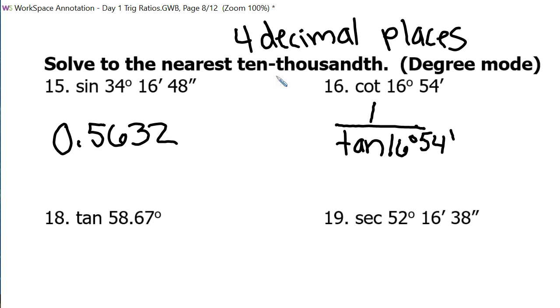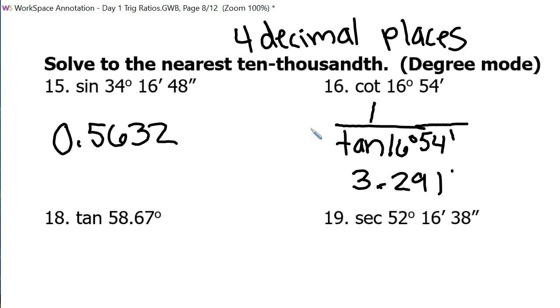And do you have an answer for number 16? I got something different. 3 point what? 2914. That's 3 rounds up. Next one, number 17. That one is cosine.